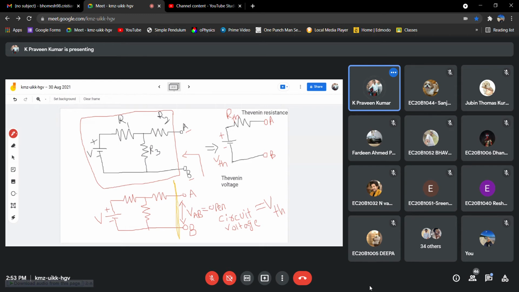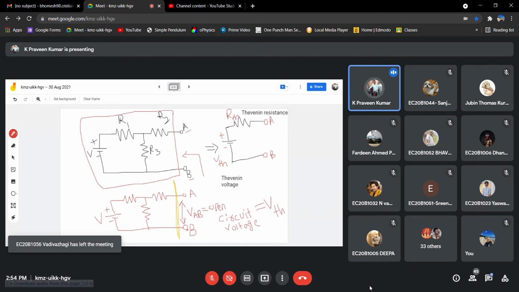Right. So how to start? First of all, we need to decide where we need to replace the circuit. First, we need to find out at which point I need to replace this entire network with its Thevenin equivalent. Here, my interest is to replace this entire circuit at the terminals A and B. So first, I need to calculate this open circuit voltage, right?